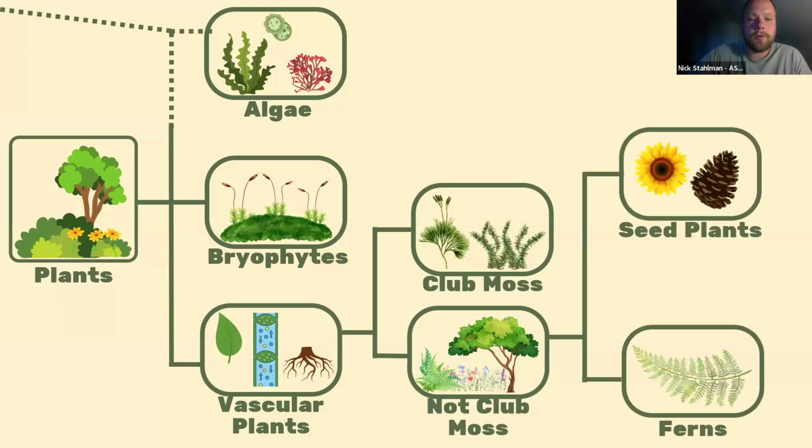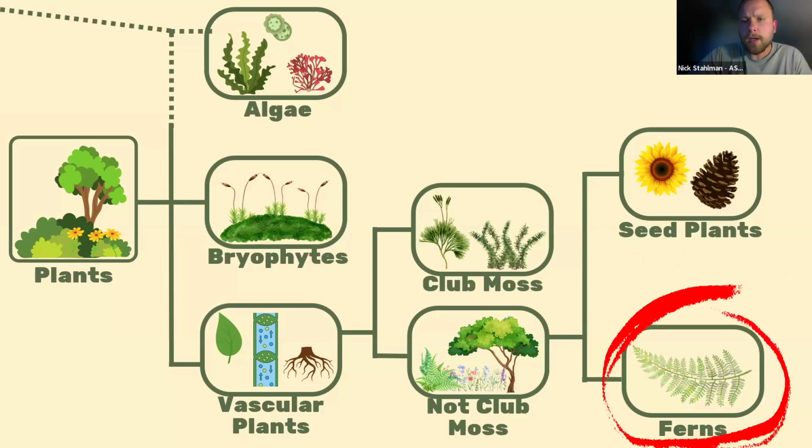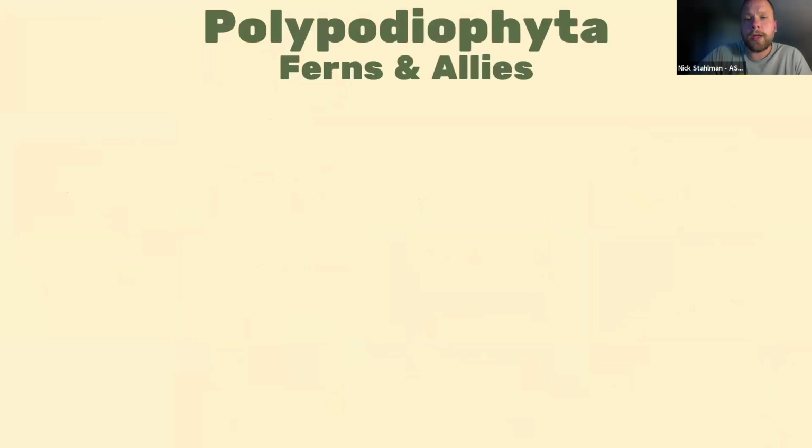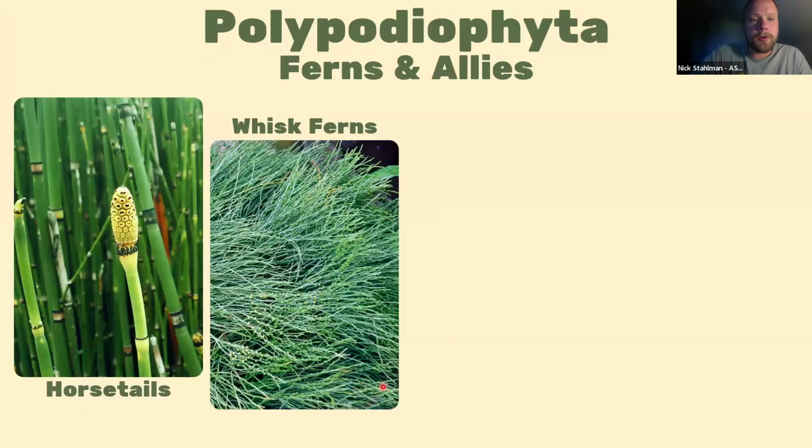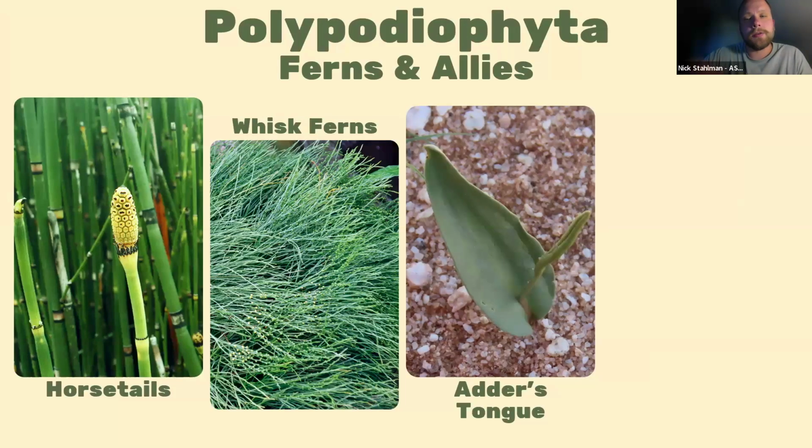And if we continue with our not club mosses, we can just break this into seed plants, so the plants that produce seeds, or our ferns. So this is where we have our ferns. And the plants that we consider ferns aren't just the normal lacy things, but also things like horsetails, whisk ferns, which look much different than our normal ferns, and a very awesome group of ferns called adder's tongues.